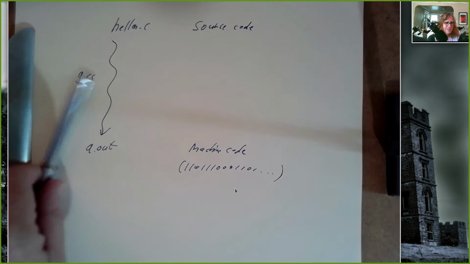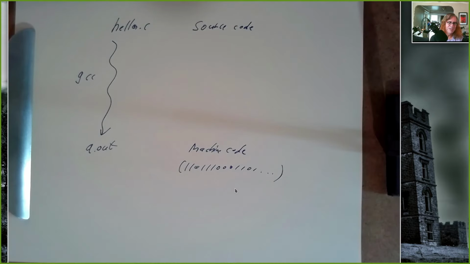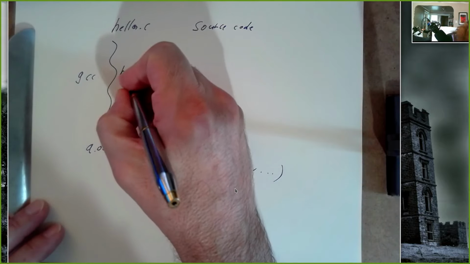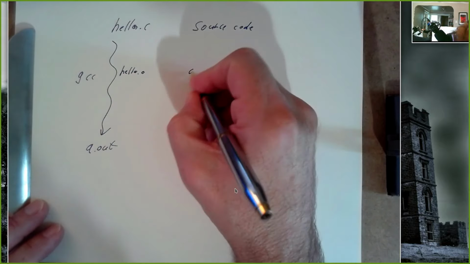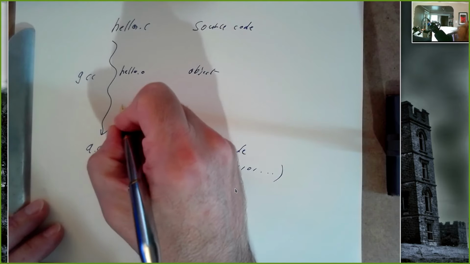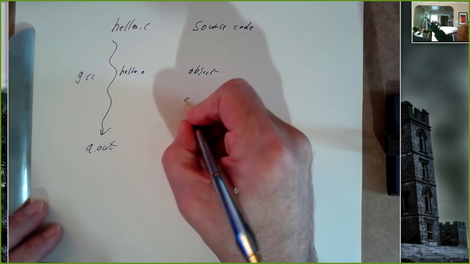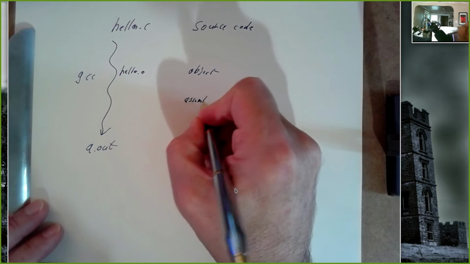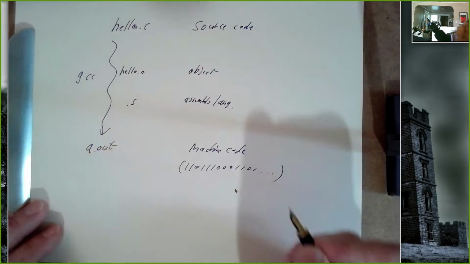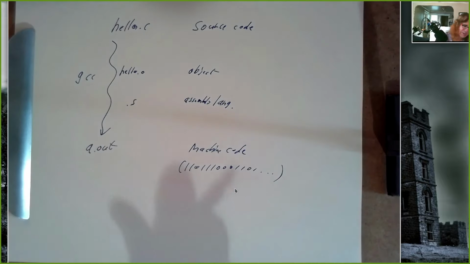All right, so this compilation actually takes multiple steps. Your hello.c gets changed into something called an object file, and that actually gets changed into something called assembly language, which is usually a .s file, and that gets assembled into an executable file.